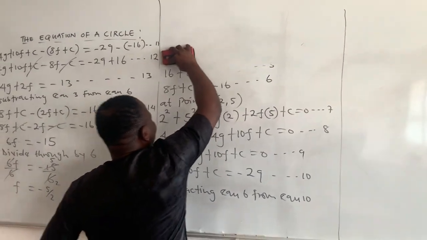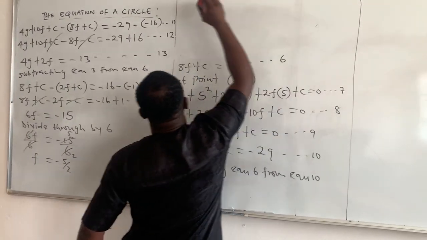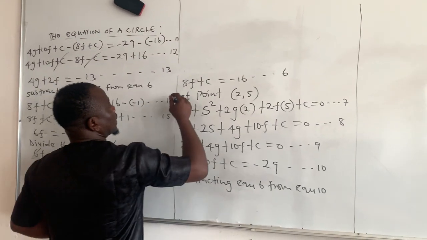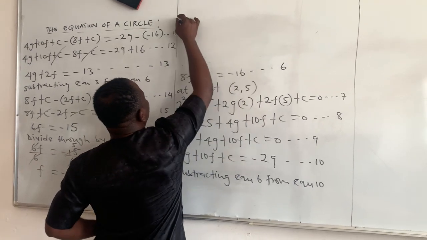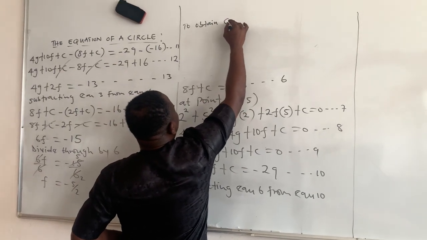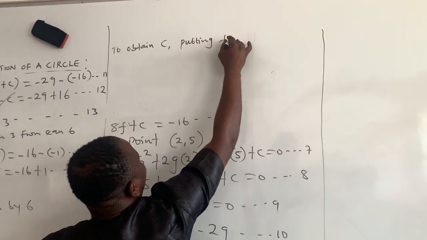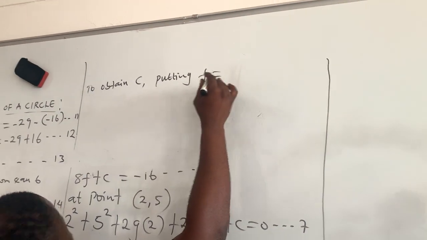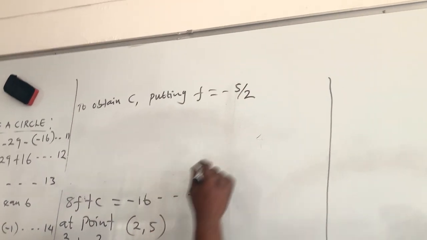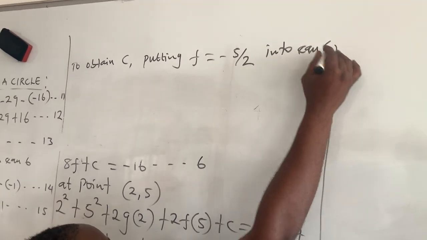Let us get the value of c. For us to obtain c, look at equation 6. Putting f equals to minus 5 all over 2 into equation 6.